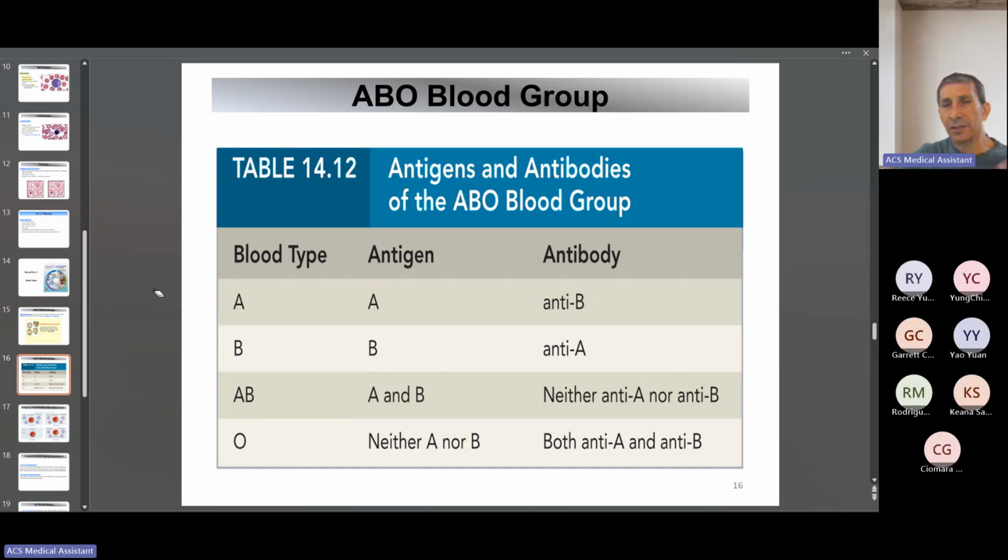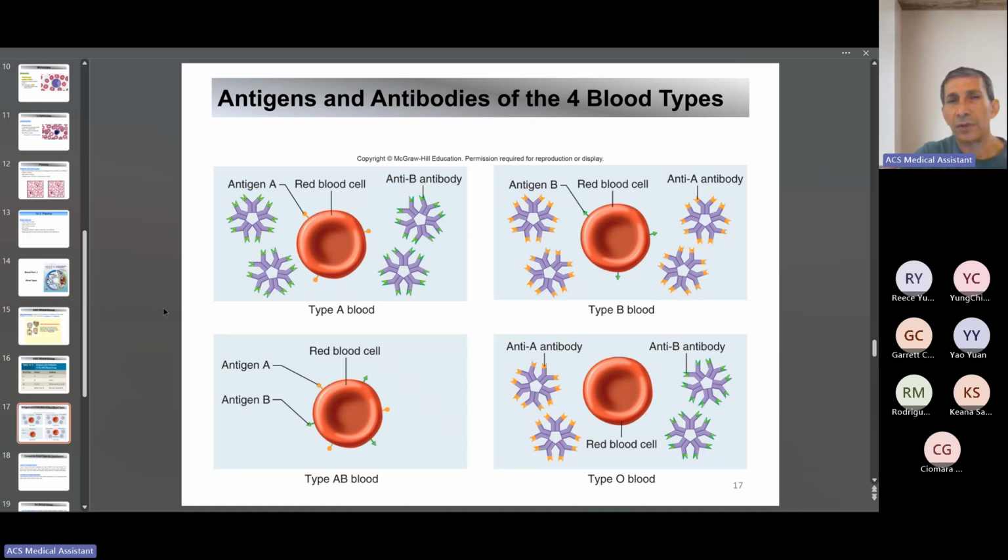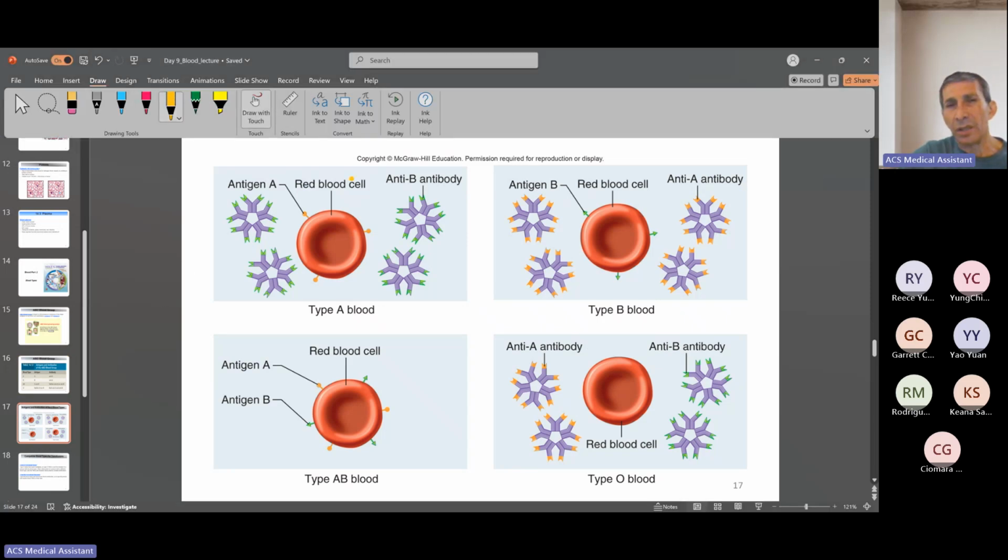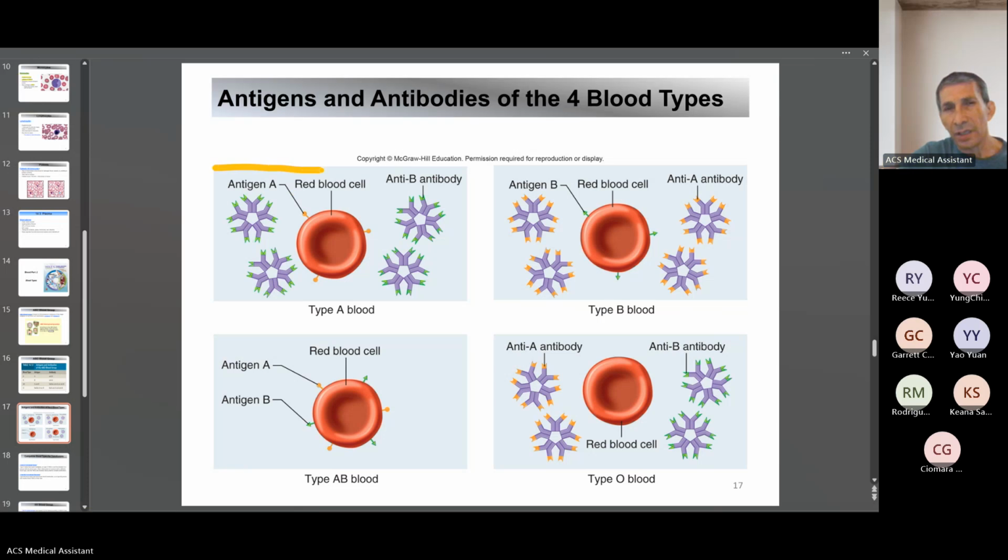So let's look at certain graphics, certain images right here, and we're going to go over these again so you can get a better understanding of how blood types work. Look at each of these images individually. It says type A blood.